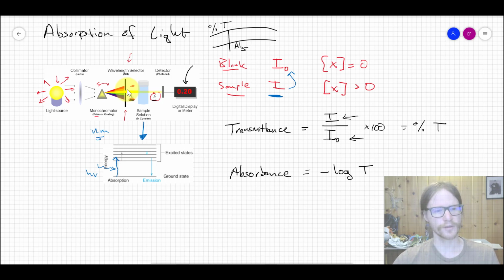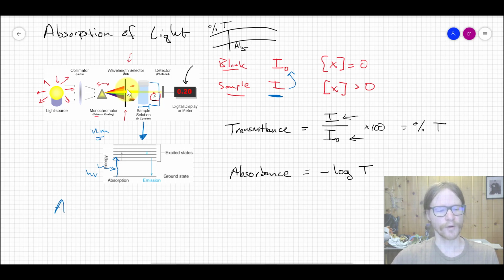And of course, you can think about this intuitively. That will probably also depend on how thick a sample solution the light is passing through. Because if you make it doubly as wide, then of course you have more photons interacting with molecules. You would expect, probabilistically, that you would absorb more photons.